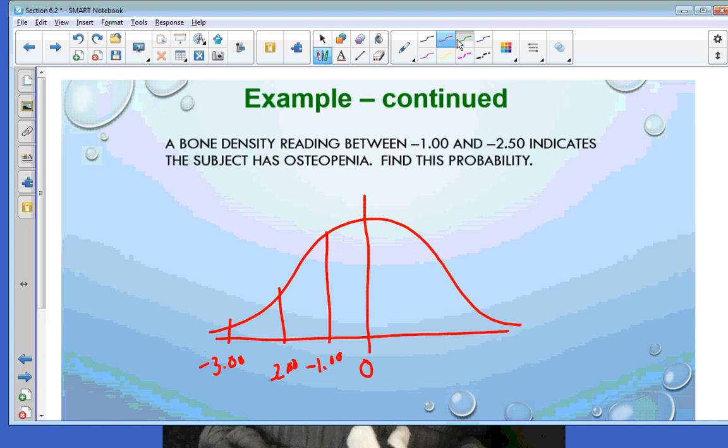Well, I want between -1 and -2.5. So here I've got to be here, -2.5.